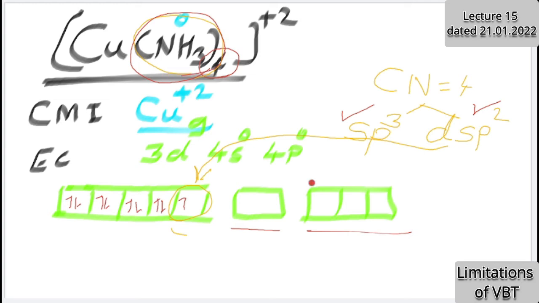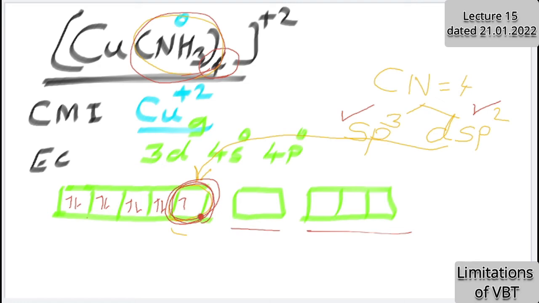If the ligand is strong, then as far as possible you will make available inner vacant rooms. But copper has these five d orbitals and already has nine electrons, so there is no more space available. An unpaired electron is there, and more than two electrons cannot stay in one orbital.